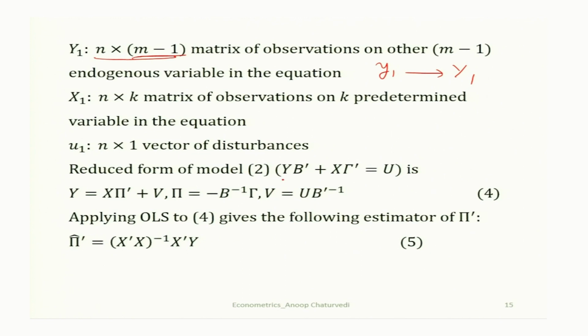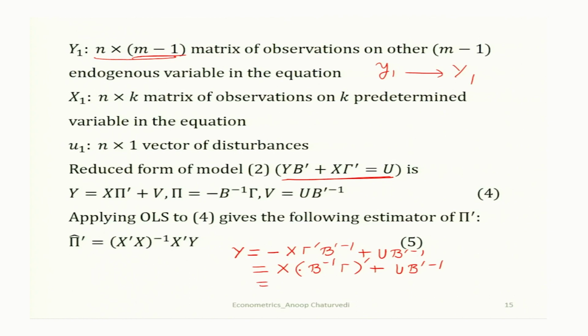Further, we obtain the reduced form of this equation. The reduced form of this equation is, say, y equal to minus X gamma transpose B transpose inverse plus u B transpose inverse, and then you can write it as X times minus B inverse gamma transpose plus u B transpose inverse.